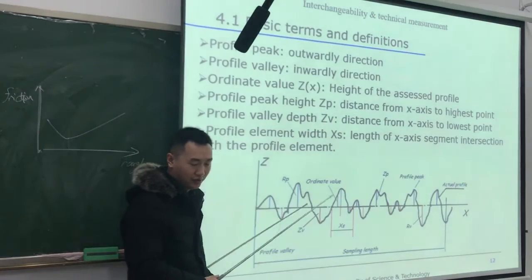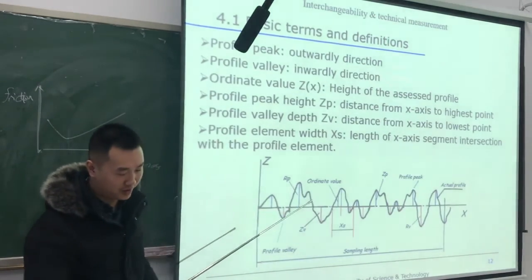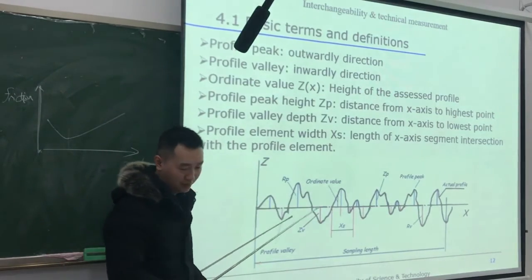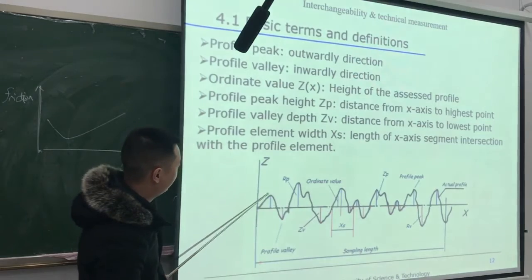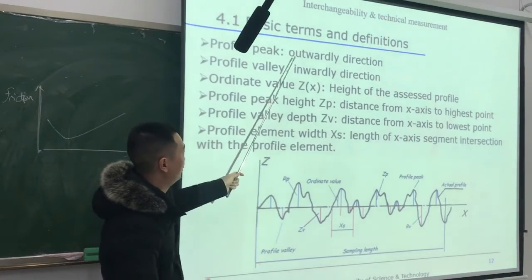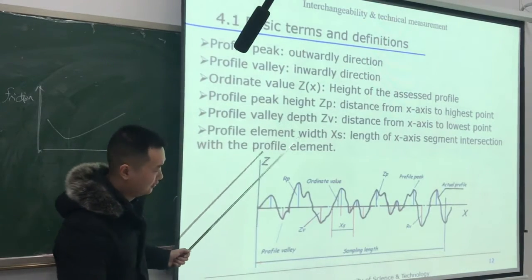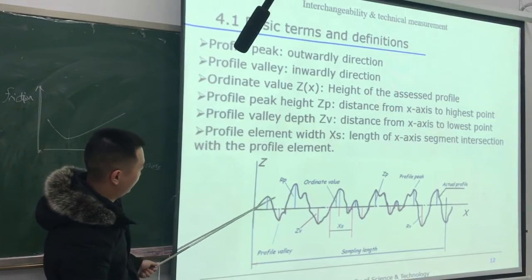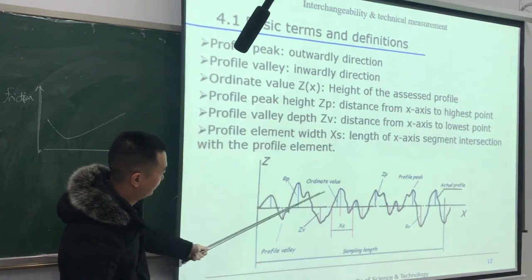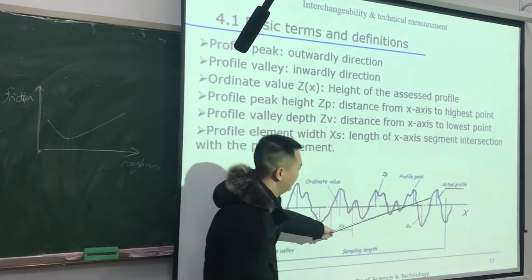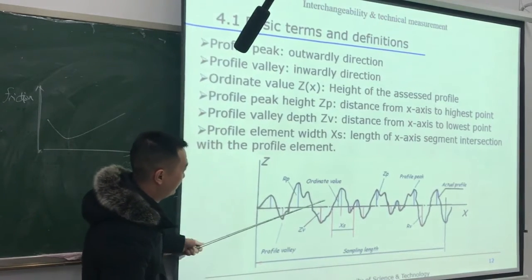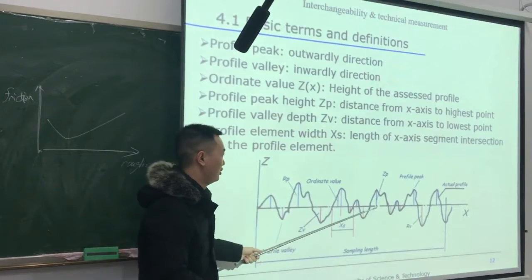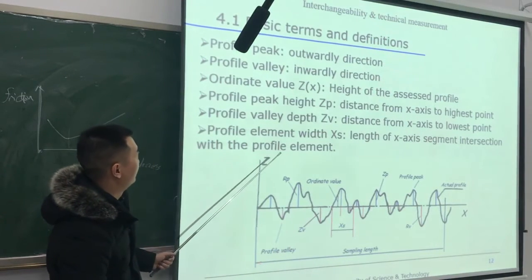Then there are some parameters we can calculate using the profile. There is the profile peak. Profile peak is the outward direction. As you see, this is a peak, this is a peak, this is a peak. Those profile parts above the zero line are peaks.